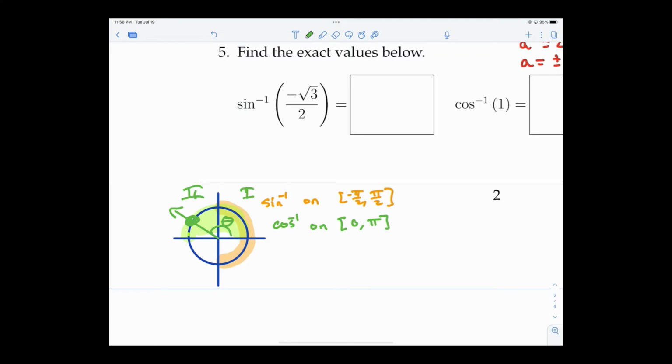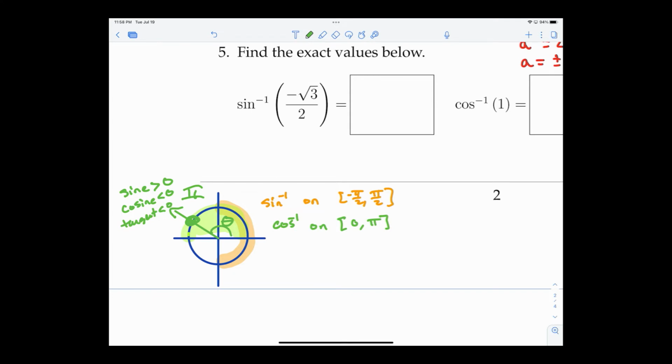Because it couldn't be quadrant 1, because if it was in quadrant 1, the cosine would have been positive. So it's got to be in quadrant 2. And in quadrant 2, the sine is positive and the cosine is negative. And when you divide them to get a tangent, the tangent is negative.